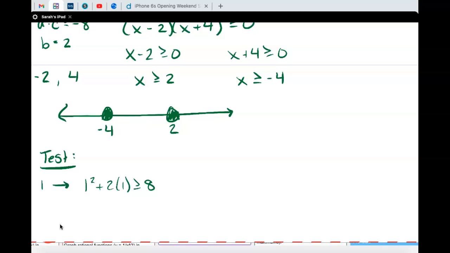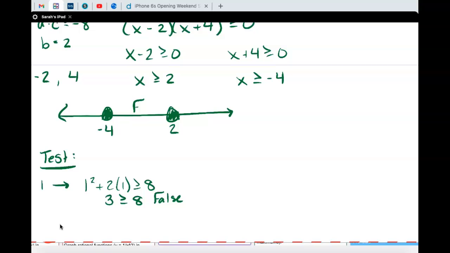What is 1 squared plus 2 times 1? 3. Is that true or false? False. Since 1 is between negative 4 and 2, every value between negative 4 and 2 is false. So I'll make a note that that's the false section.